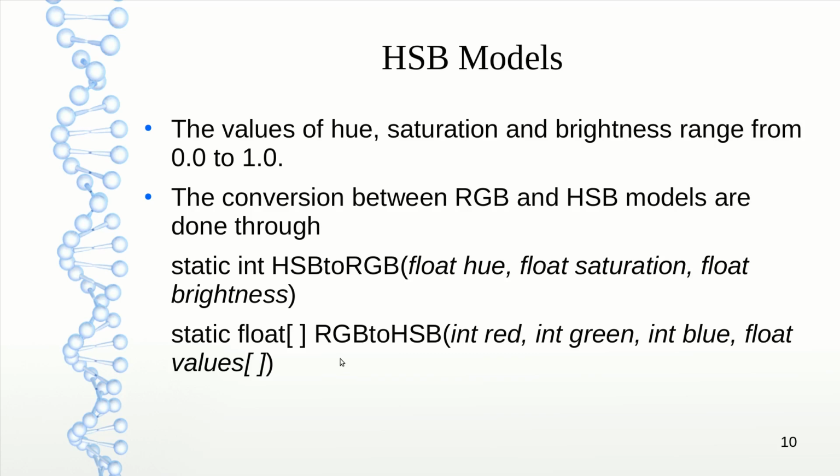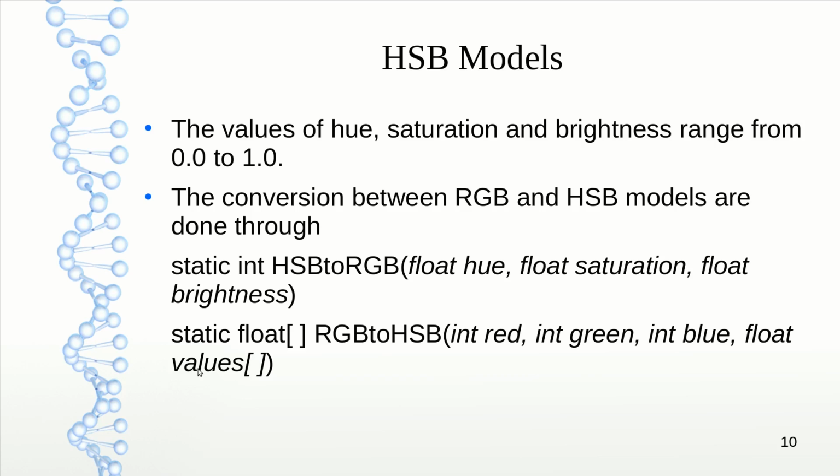And we have already seen how we can represent the RGB values in an integer form. Then the next method is RGB to HSB. Here the RGB color model will be converted to HSB, and the parameters that we are passing will be the values of red, green and blue. And now you can see that there is a reference of an array which is passed as the last parameter, and if this parameter is not null, then RGB to HSB will return the values of hue, saturation and brightness inside this array.